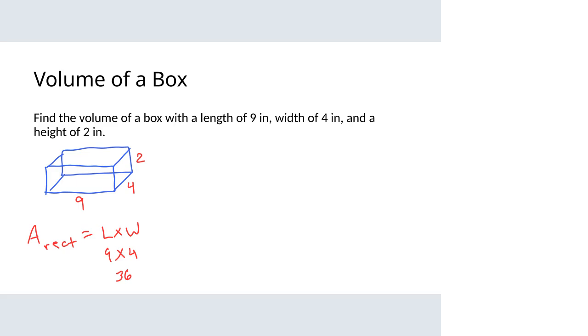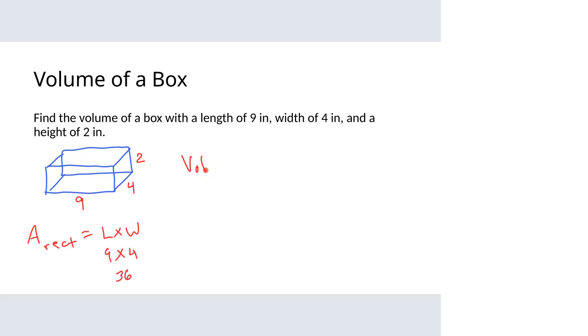When we go to find the volume then, the volume is not just the carpet that would be on the bottom, it's how much stuff would fit inside. So if we can imagine that rectangle that's on the bottom, and then we stack it up and we stack it up and we stack it up, we're basically saying how many of those rectangles would fit in here.